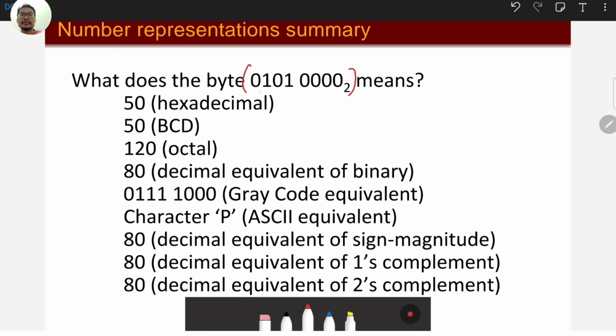For example, 01010000 in base 2 could mean 50 in hexadecimal, 50 in BCD, 120 in octal, or 80 in decimal. In gray code we have the equivalent gray code. If you represent this byte in ASCII, you get the character P. If you represent it in sign magnitude, 1's complement or 2's complement, it could be the same or it could be different.